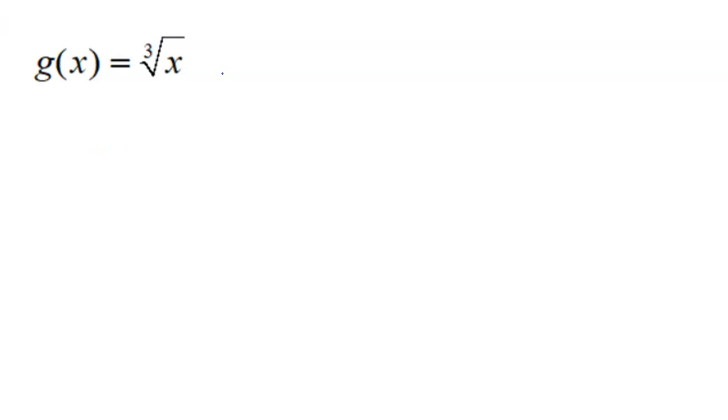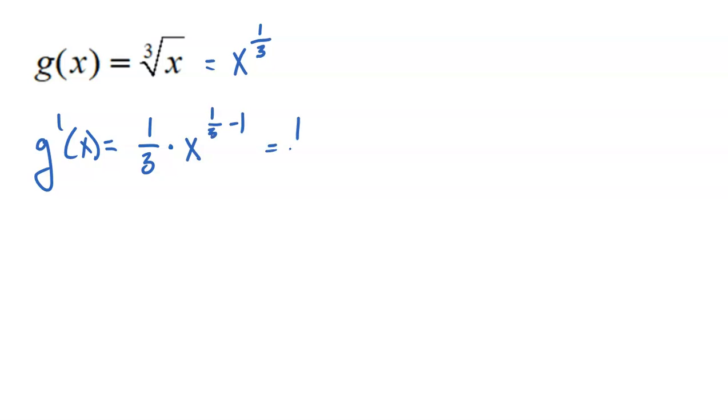This time we're going to use a cube root. Once again, all roots can be written as power functions. That's x to the 1/3. So the derivative of g of x, g prime of x, is going to be 1/3 falls down in front. My new power is 1/3 minus 1. So I have 1/3 times x. Let's see, 1/3 minus 3/3 is negative 2/3.